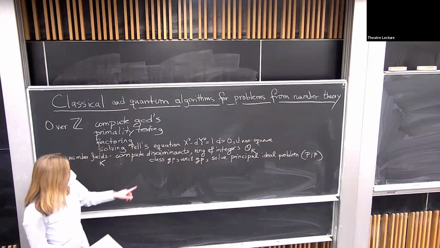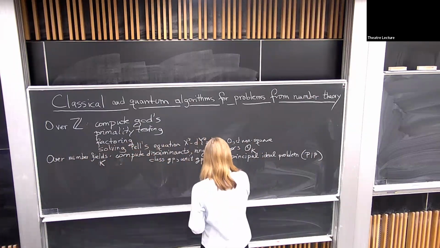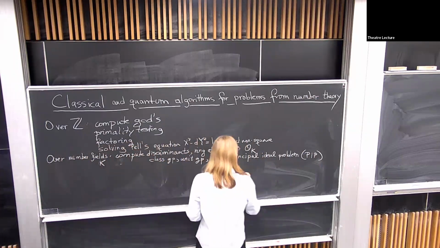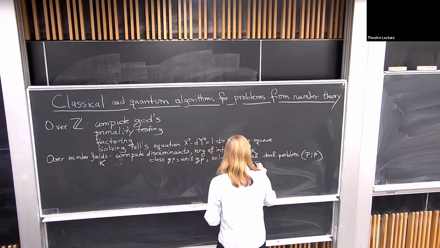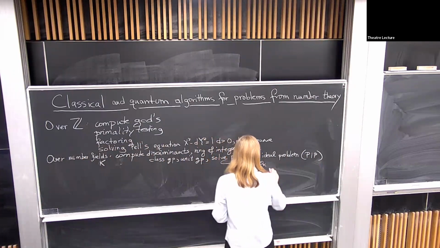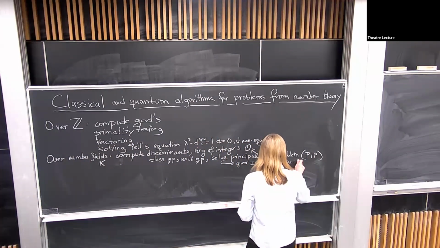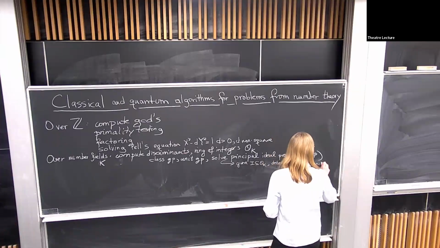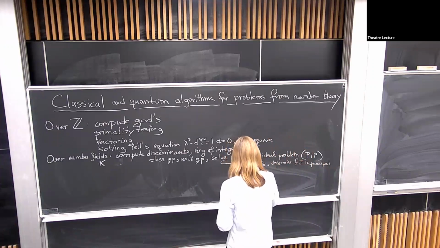In the principal ideal problem, you have an ideal I inside the ring of integers of your number field. You want to check if it's principal. And if the answer is yes, you want to have a generator.